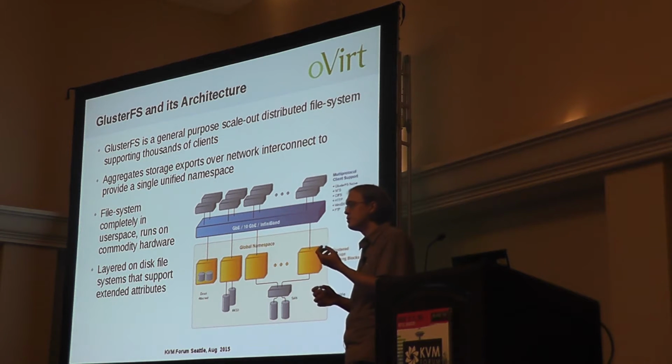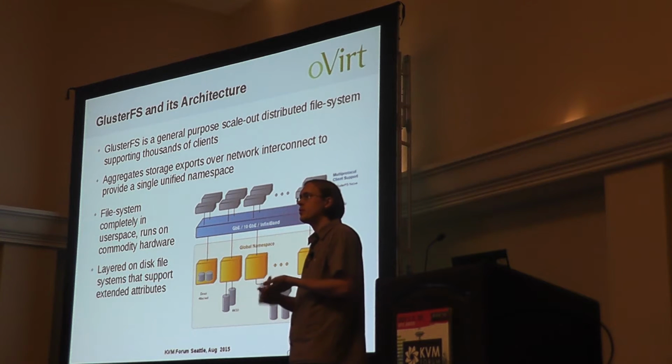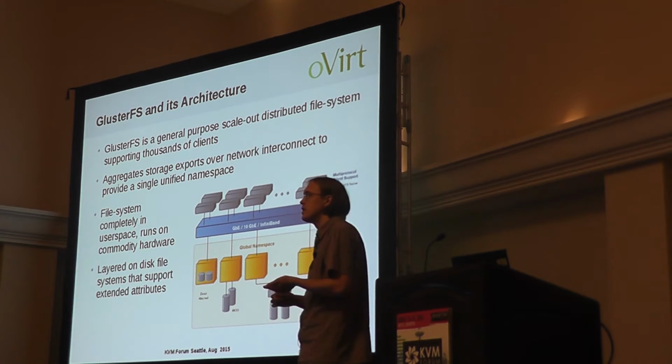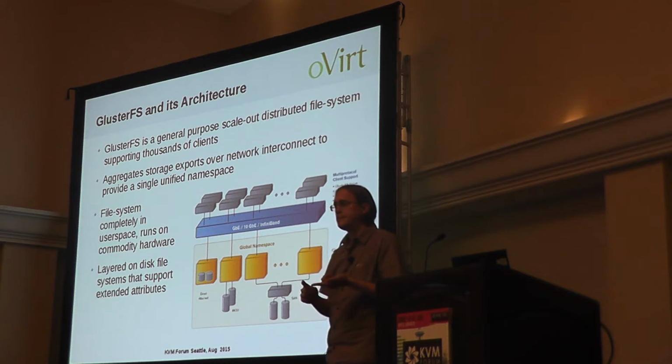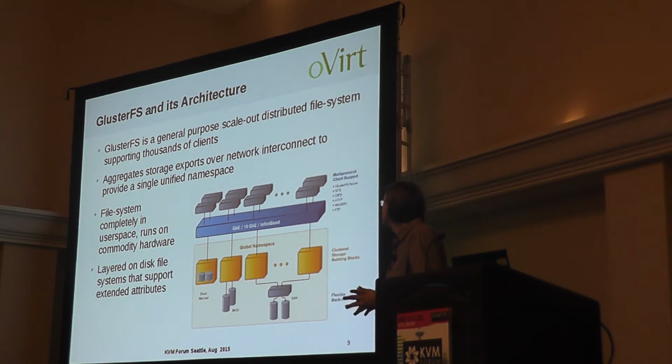So you create a volume, and you can specify the properties of that volume. You can give it quorum information, for example. I'll show that on some other slide. So you can set up a stripe, a mirroring, a distribution.